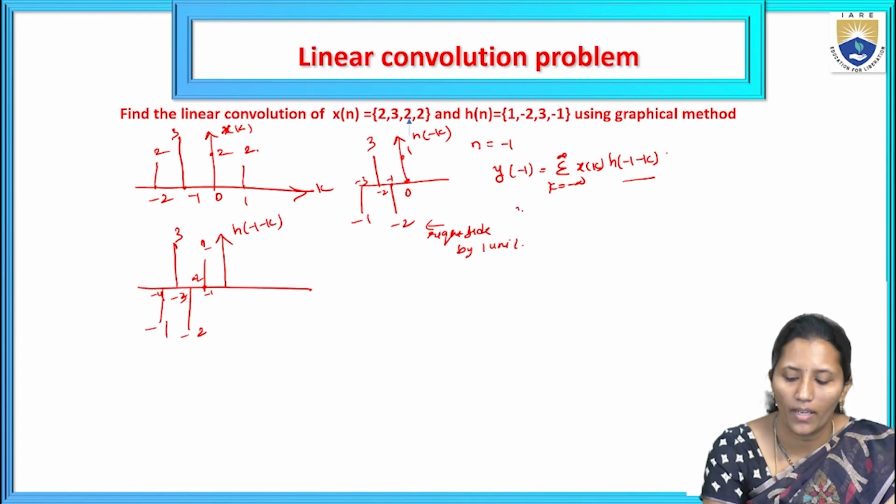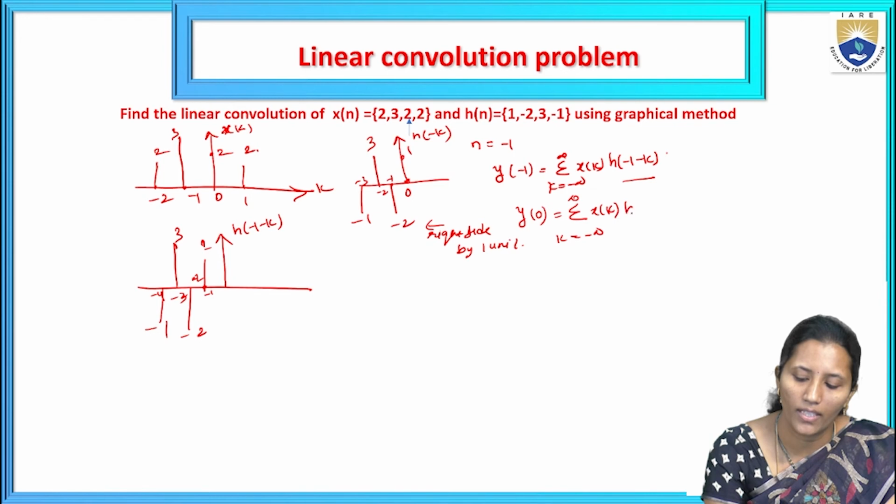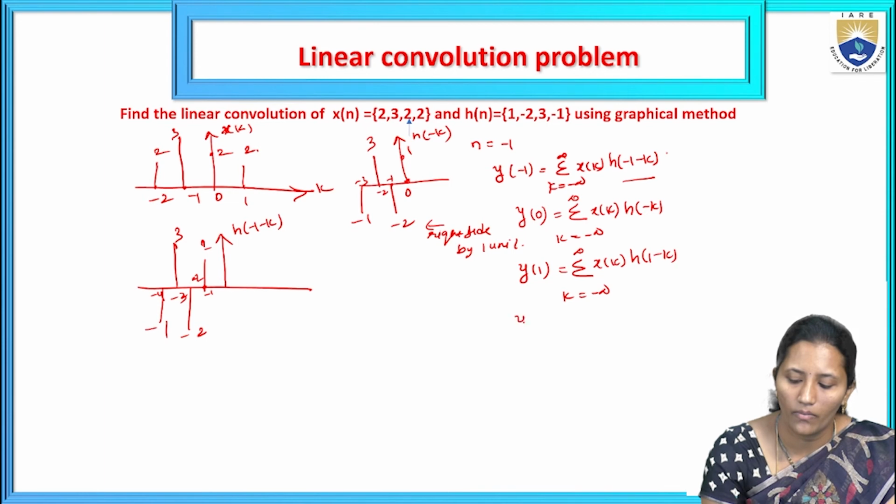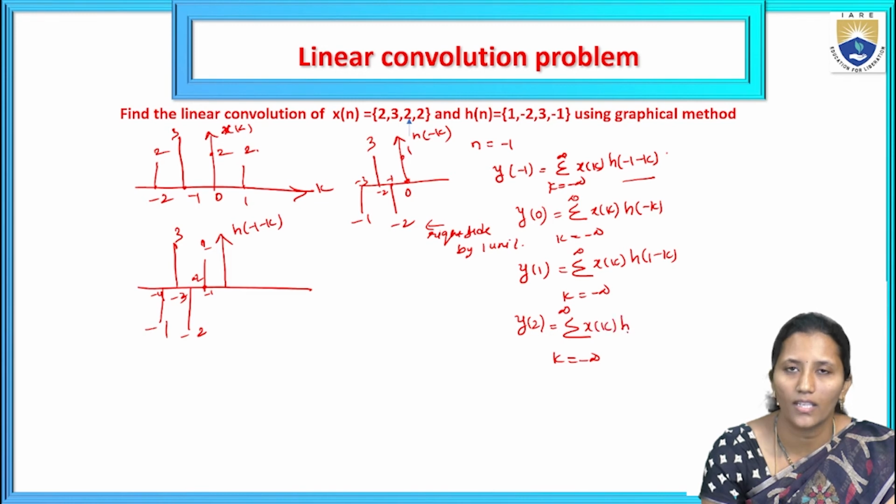Okay. And for y of 0, sigma k equals minus infinity to infinity x of k into h of minus k. For y of 1, we have to get sigma k equals minus infinity to infinity x of k into h of 1 minus k. For y of 2, sigma k equals minus infinity to infinity x of k, here h of n minus k.